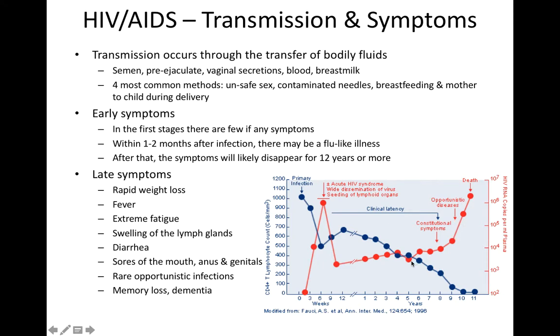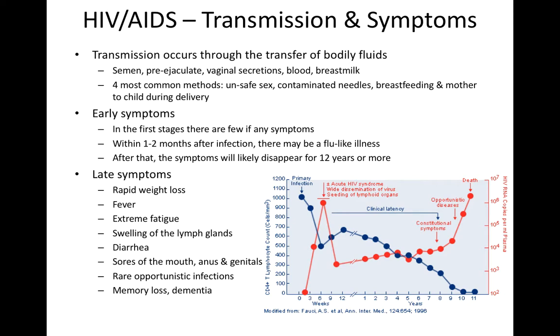We begin to really see a decline in the T cells, and we see the opportunistic infections and diseases show up, the different types of cancers and pneumonias and things like that, that a healthy, functioning individual could fight off. But in this severely immunocompromised state, we see these diseases just take hold of the patients.